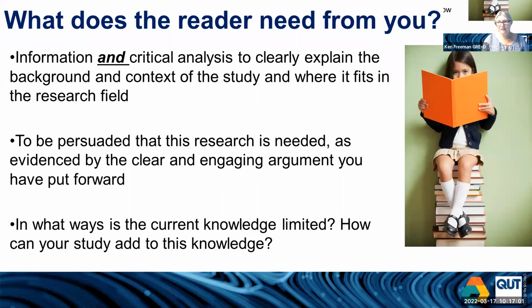So what does the reader exactly need from you? As we just said, describing and critical analysis. We need both to clearly explain the background and context of the study, that the research is needed, and exactly what knowledge is limited. What is it that your study is going to bring to this field of study that we don't already have? What is your contribution?